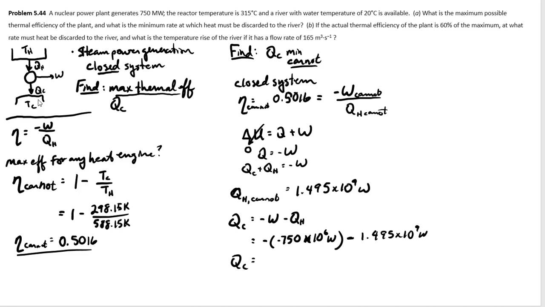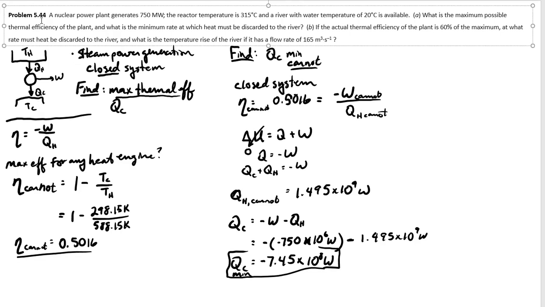QC, we do the math, is minus 7.45 times 10 to the 8th watts. In this case, because we're dealing with a Carnot engine, remember everything for part A, we're assuming it's a Carnot engine. So this is going to be the minimum amount of heat that would be expelled to the thermal reservoir. And we have a negative sign. Does that make sense? Yes, it does, because heat being expelled from our system will be negative.